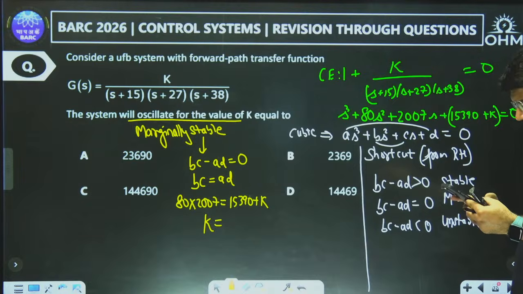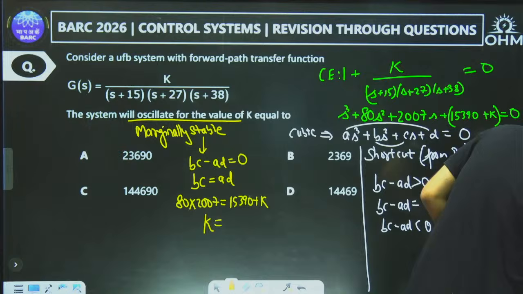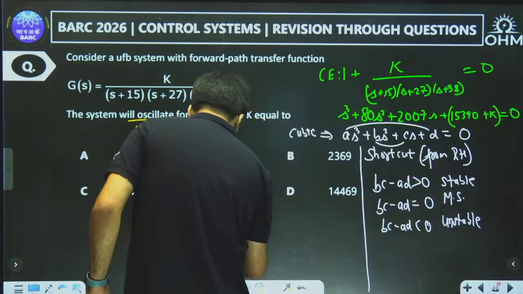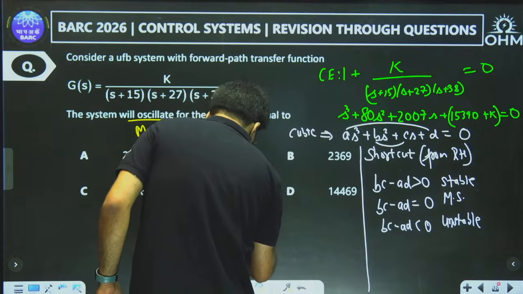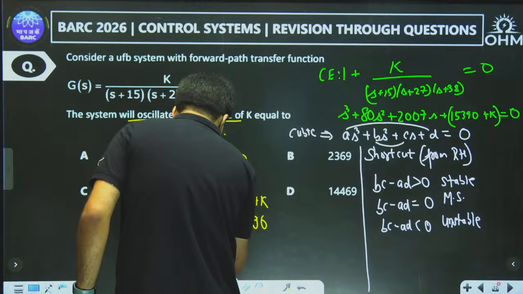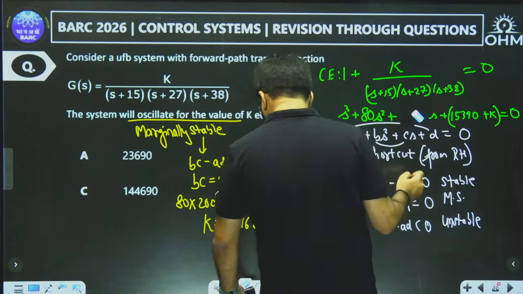15,390. 144690. Option number C. Okay, this is 2001 actually. Here also I'll do that correction. This was 2001.